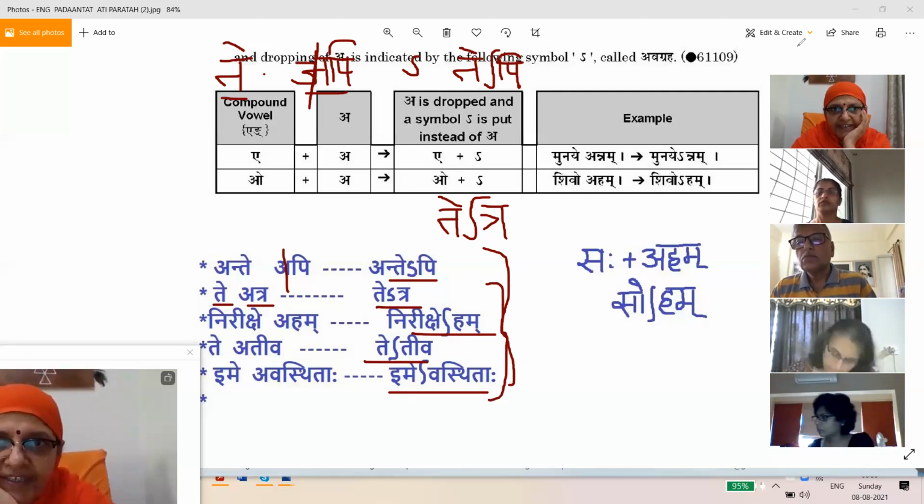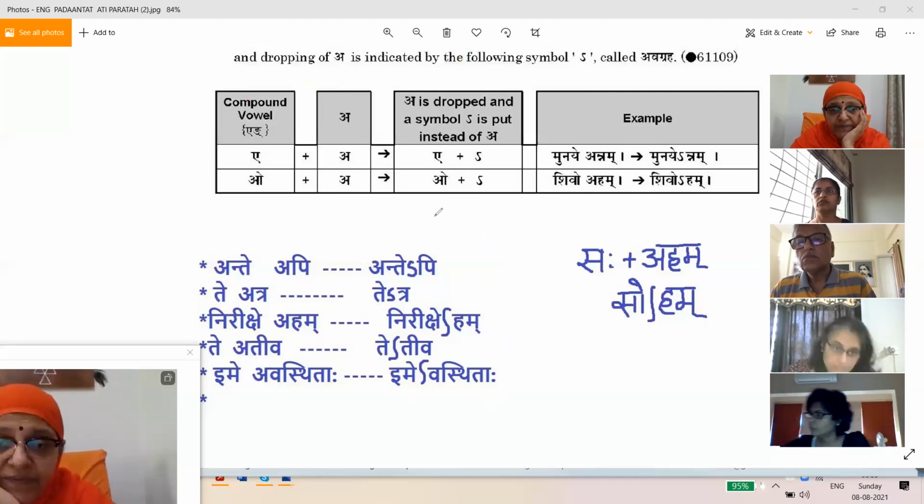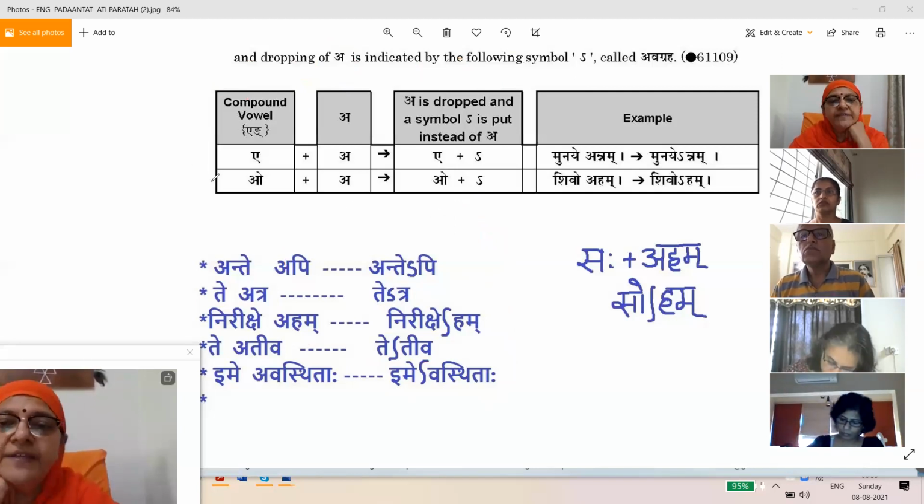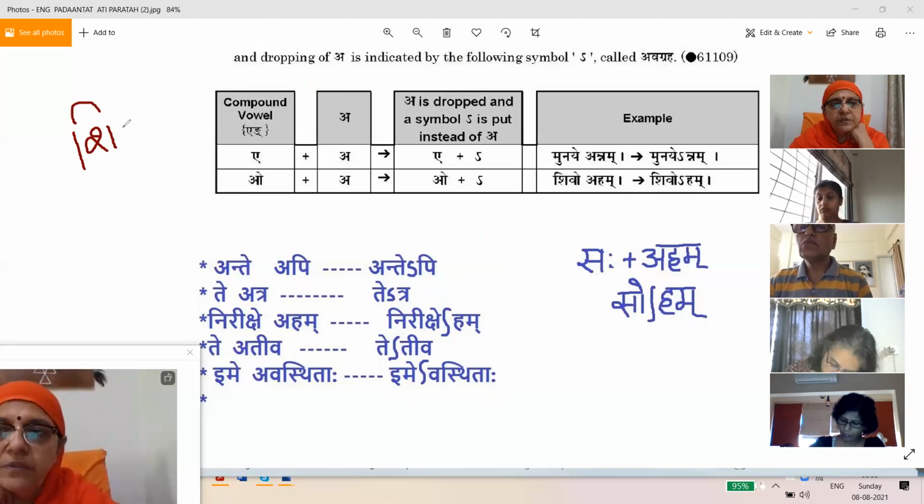This is for E. Now, if at the end of the word there is an O, Shivoham. Actually it is Shivaha, but we will see that when we study visarga sandhi. Actually, Shivo plus aham.